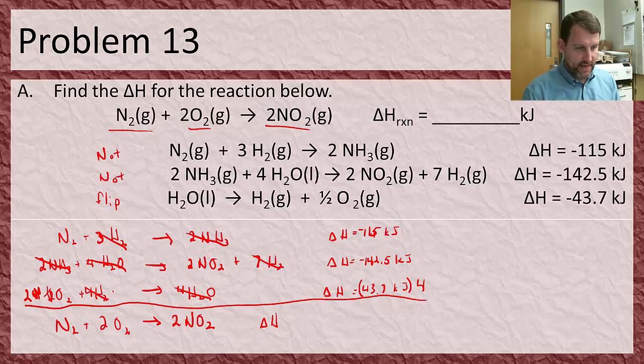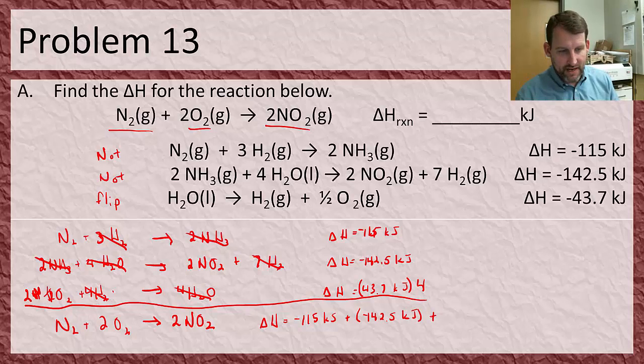So my delta H is equal to negative 115 kilojoules plus a negative 142.5 kilojoules plus 43.7 kilojoules times 4.